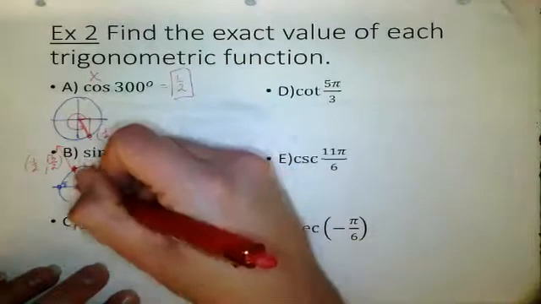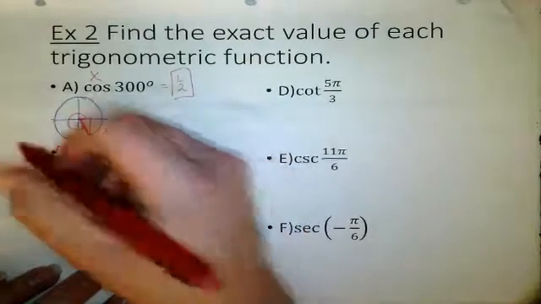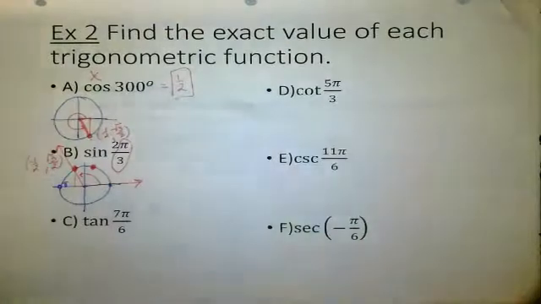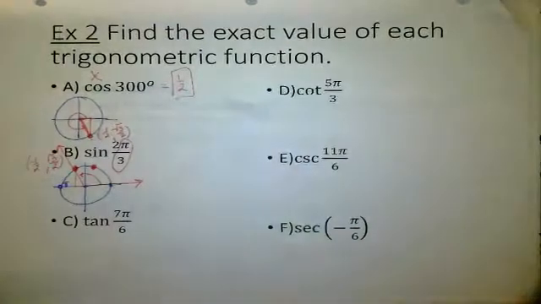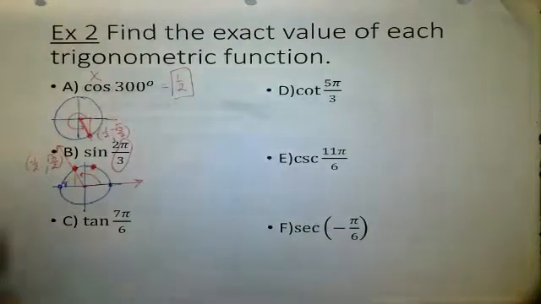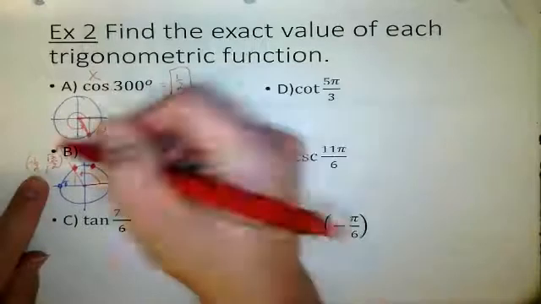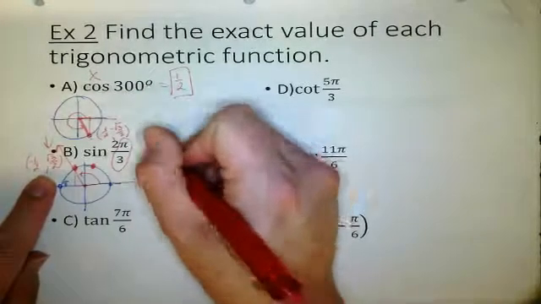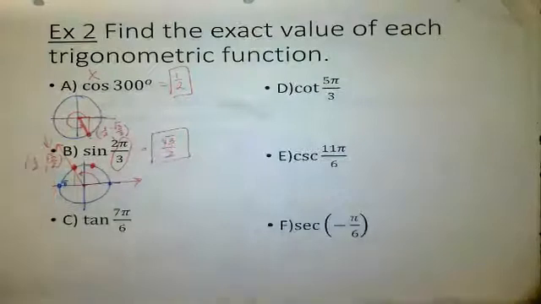Short leg, long leg, 1/2, radical 3 over 2. Okay? Got it? You just have to visualize. It's the best way. All right, so then sine takes the y coordinate. So radical 3 over 2 is the ratio of those legs.